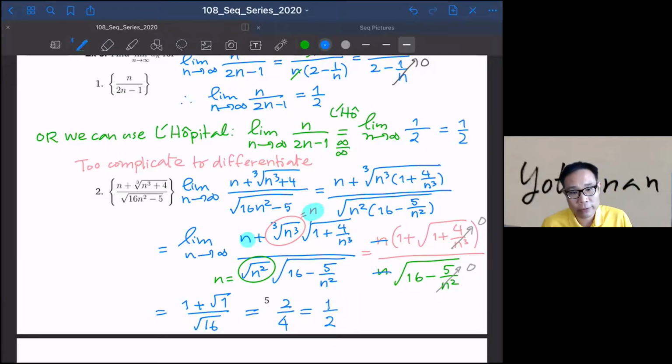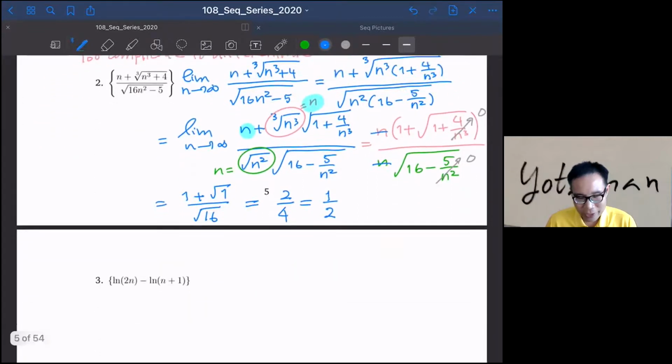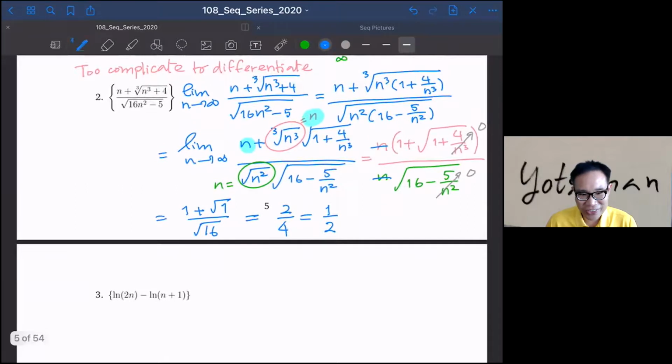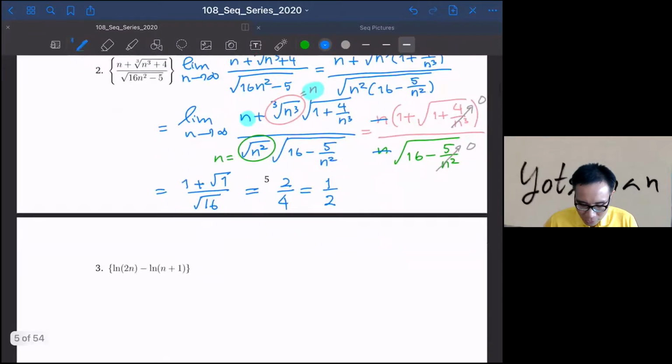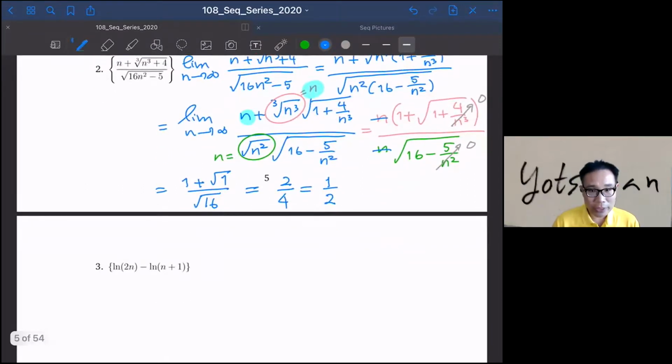So that is the second question. You see that it's not that easy to do. For number 3, it seems complicated because we are talking about the log function. However, this one can be simplified into log of 2n over n plus 1.